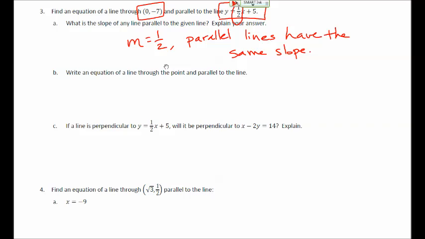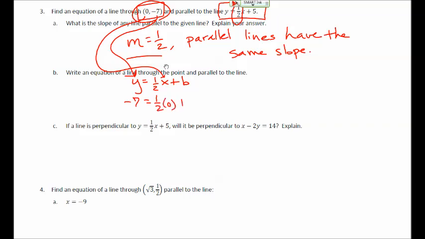B, write an equation of a line through the point and parallel to the line. So again, I have a slope and I have a point. So I'll start with y is equal to mx plus b. I will plug 1/2 in for the slope. I will plug this y value into y and the x value in for x, and I get negative 7 is equal to 1/2 times 0 plus b. And 1/2 times 0 is 0, plus b.